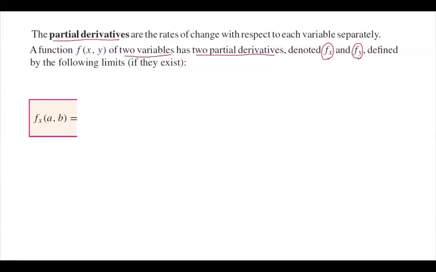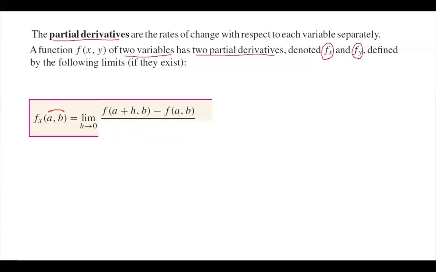So the partial derivative of f with respect to x at a point, remember that now you have a point that has x and y, is equal to the limit of f of a plus h, comma b.